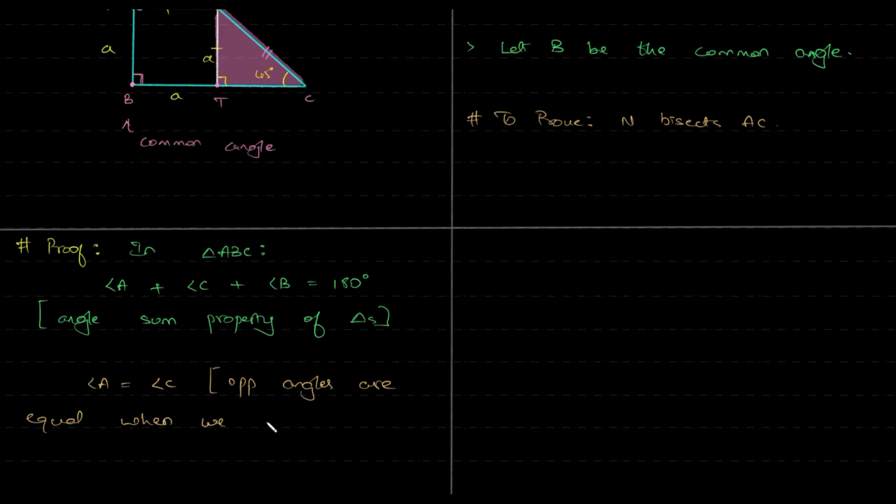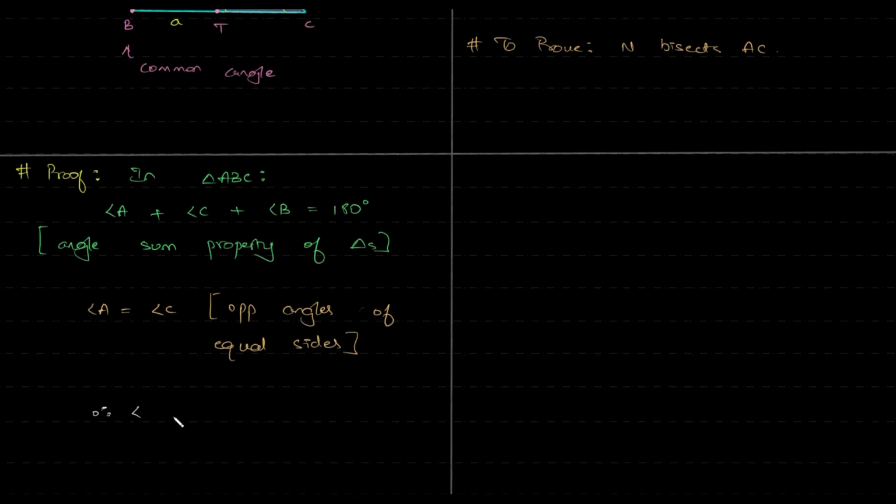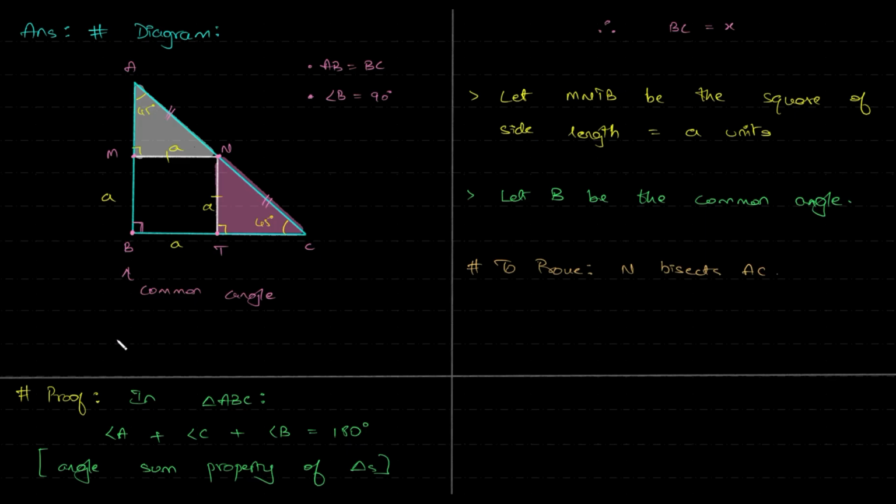And we have angle B equal to 90 degrees. Therefore, angle A is equal to angle C, which is equal to 45 degrees. So these two are 45 degrees.